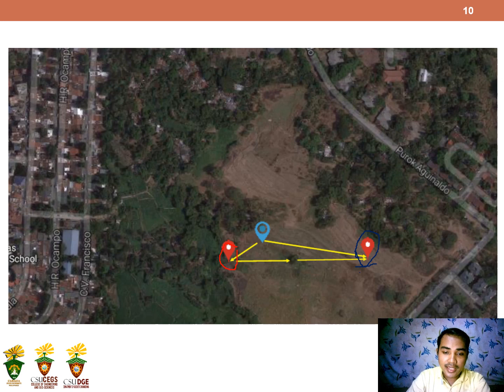But in this case, there is an obstruction which is a tree, so the measurement to the target station cannot be obtained directly. So we need to have an eccentric station here, which is called a pole station or satellite station.